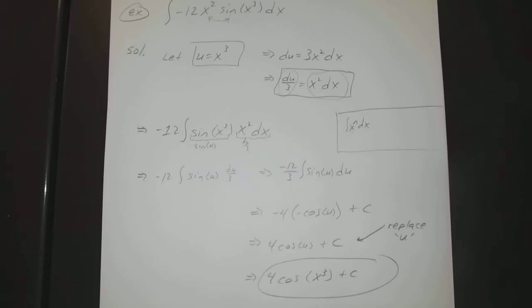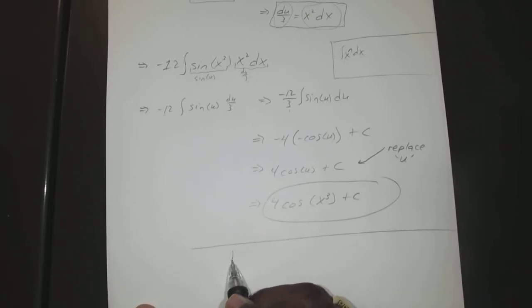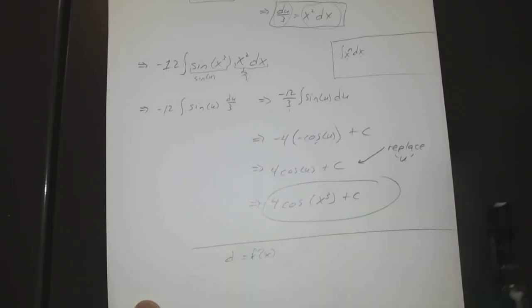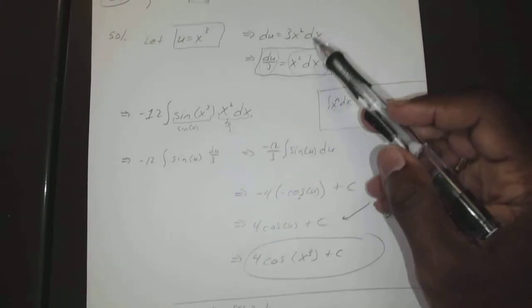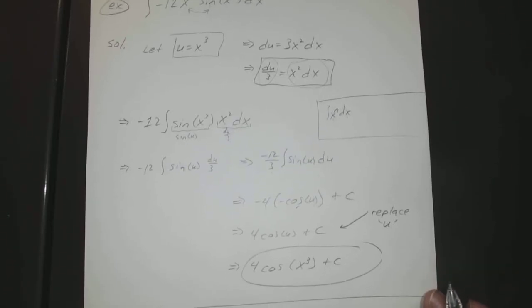If you remember the differentials, where we had the differential of y equals f prime of x dx, this is really the same thing, but instead we're just using u instead of y. Does that make sense?